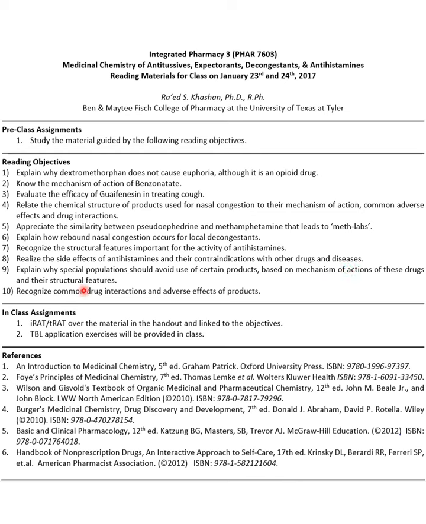And then explain why special populations like geriatrics and pediatrics should avoid certain antihistamine products and the mechanism of action of such problems that are caused by the use of first generation antihistamines. And then finally, of course, recognize the drug interactions and adverse effects for all these medications listed here.